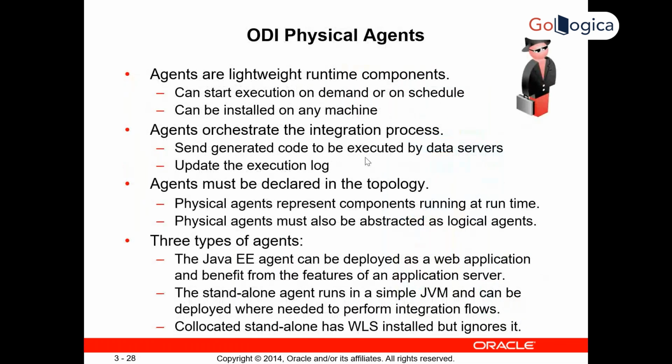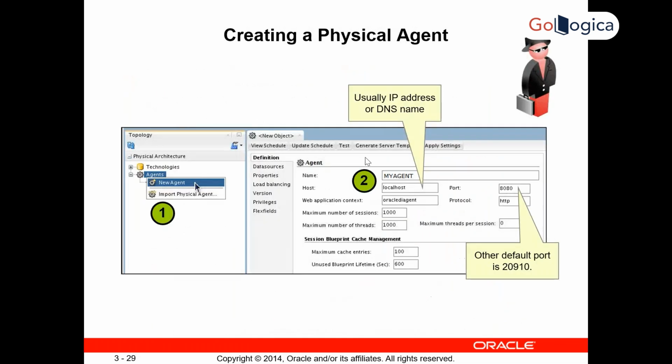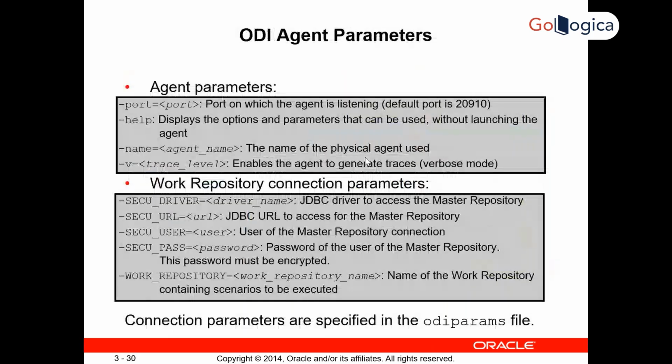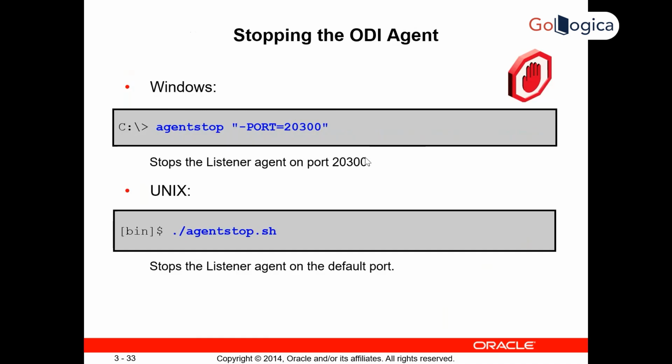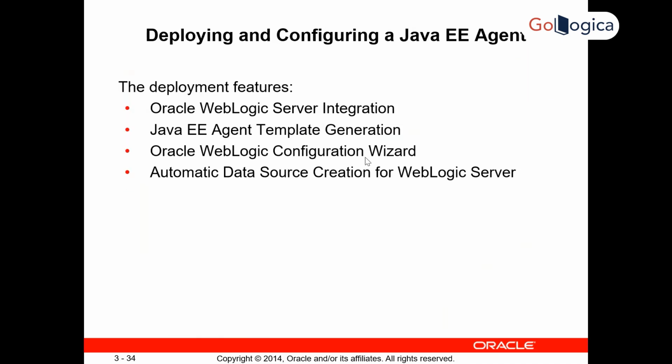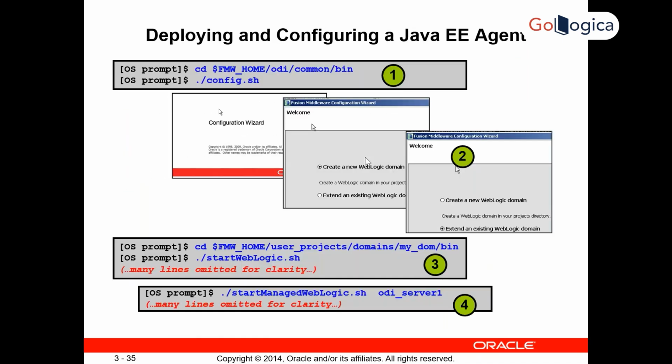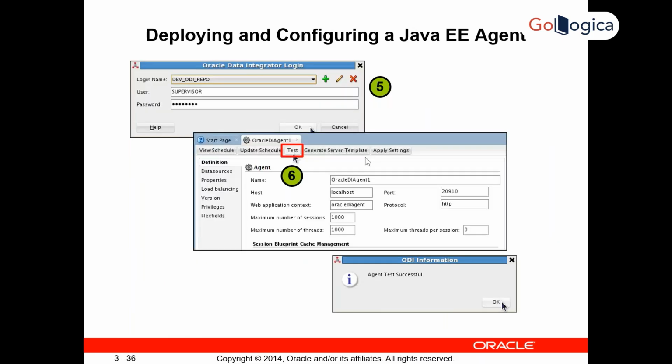And we need to configure my agent, and in the agent we need to configure the connection details. This is a standalone agent, and another one is the Java Enterprise agent. For the Java Enterprise agent, we run this config command, and we are going to create the agent.